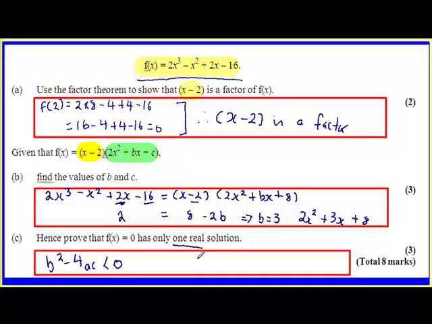So here we'll use the quadratic and we'll evaluate b squared minus 4ac, which will be 9 minus 4 times by 2 times by 8, and you can see that that is clearly less than 0. Therefore, only one real solution exists, which was the original factor of x minus 2.